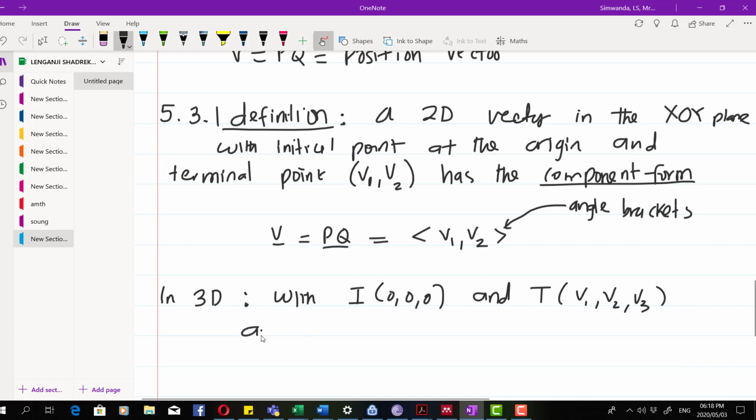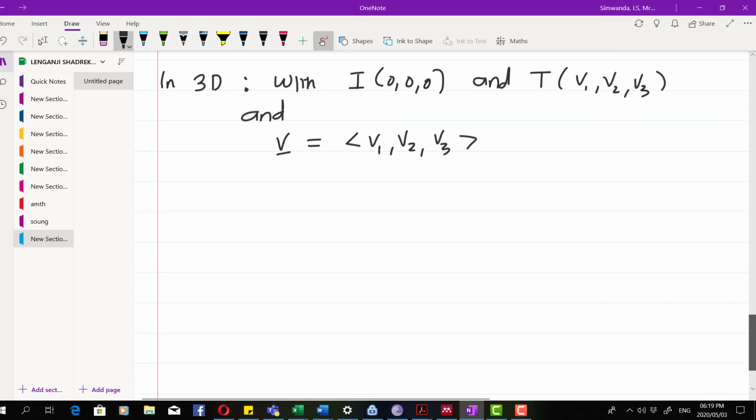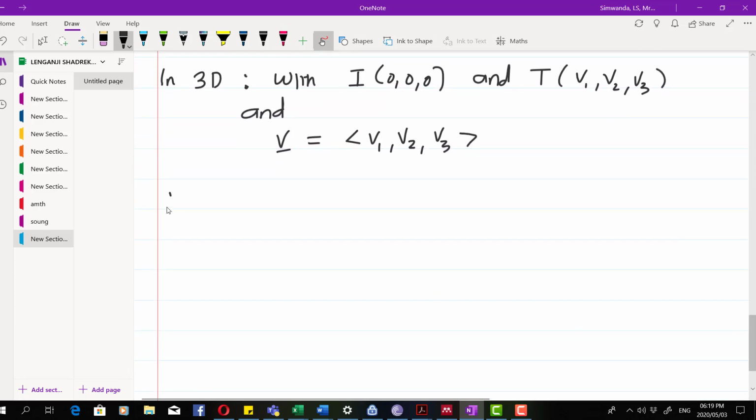We have an extra z. If we extend the same concept, the component form will now be v1, v2, v3 in angle brackets to represent that we're talking about a vector.